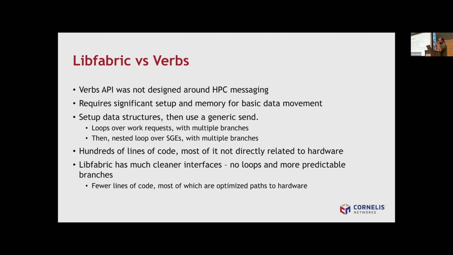If you want to do just a generic send, you have to set up multiple work requests, and you have to set up scatter gather entries. And then when you actually do the data movement, you have to loop over these work requests with multiple branches that are hard to predict. You have to loop over multiple scatter gather entries that also have multiple branches. So it's not really performant for low level HPC traffic.